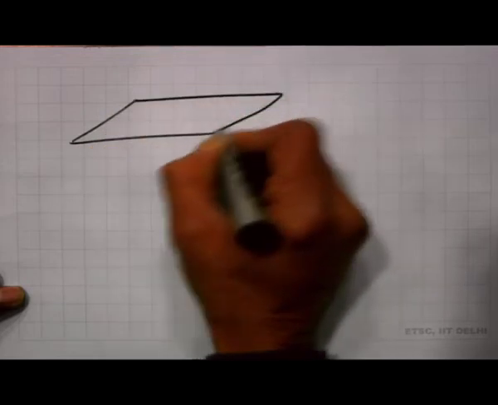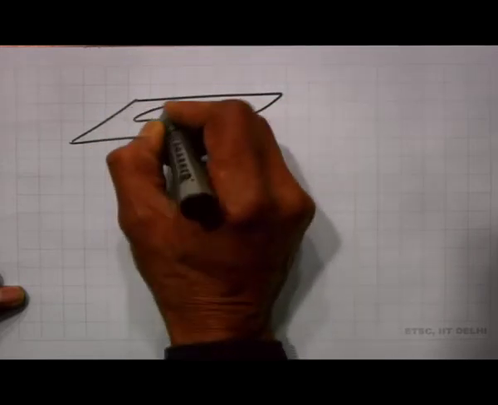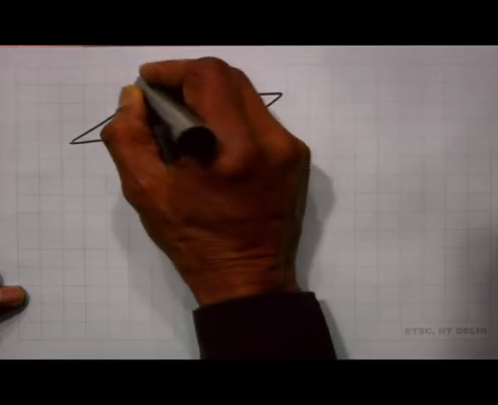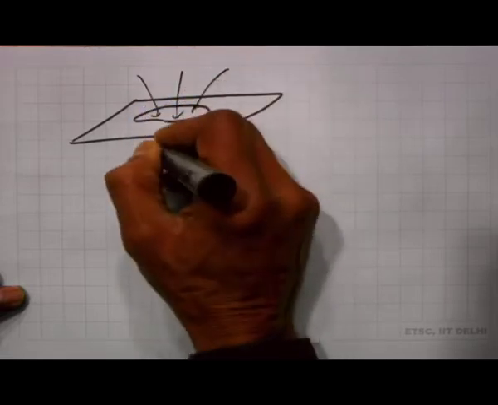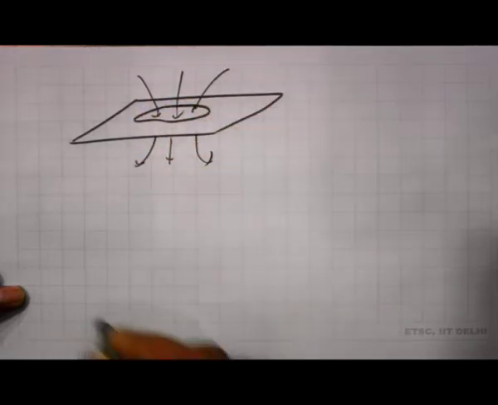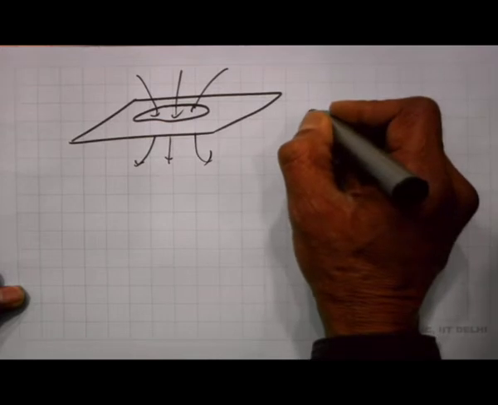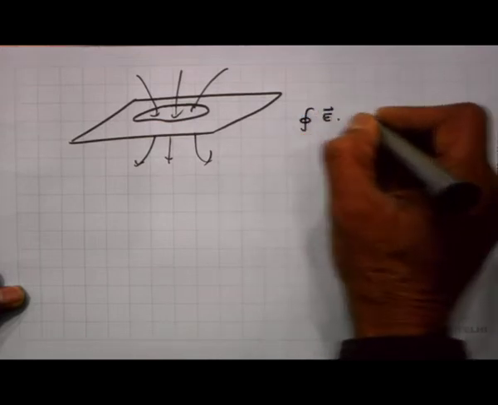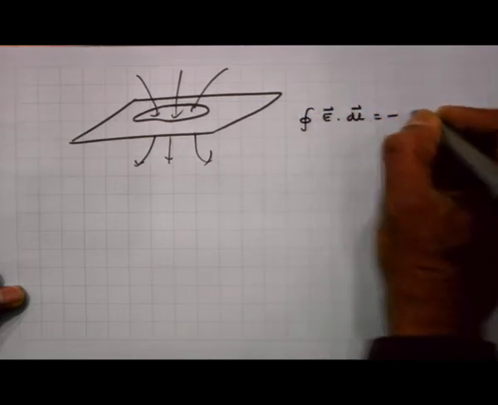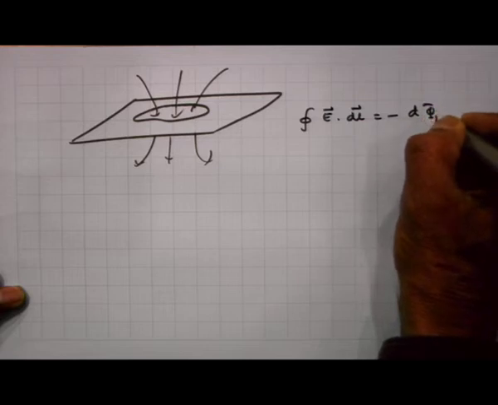The third law is Faraday's law. If you take a loop, and if you have magnetic field lines crossing that loop, then this equation says integral E dot dL is equal to minus d phi B by dt.